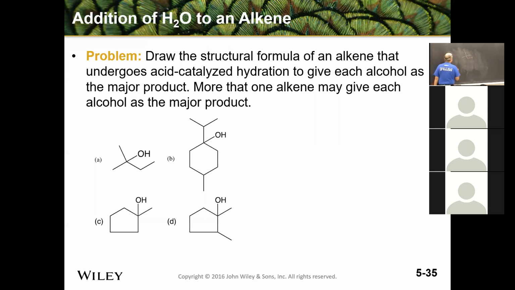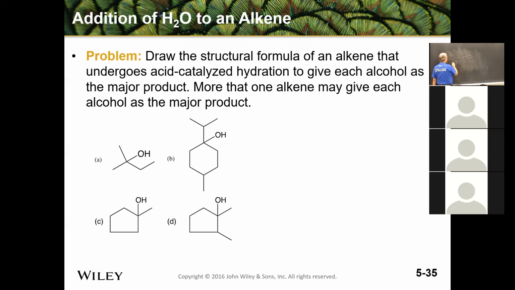Okay, so it looks like two alkenes would work here. We want to remove H and OH from adjacent carbons. So it looks like that one would work. This is an equivalent position.